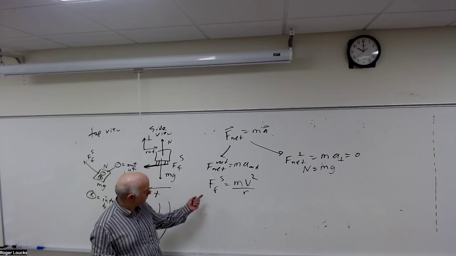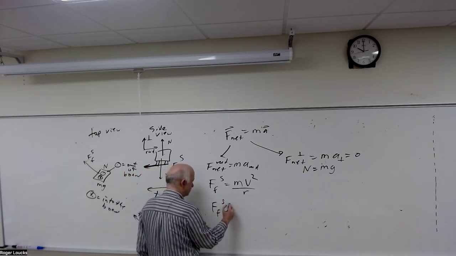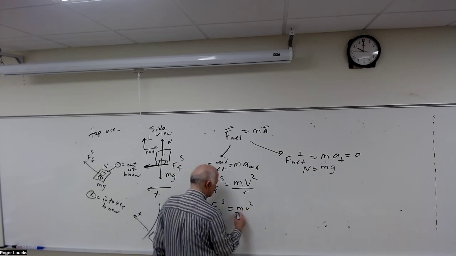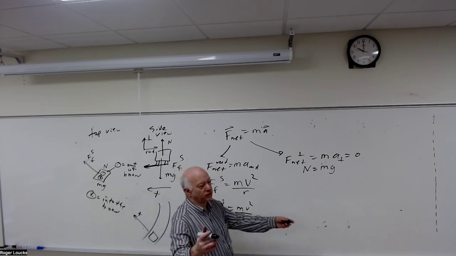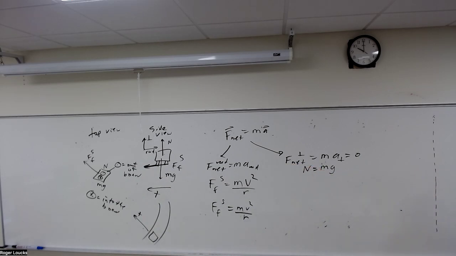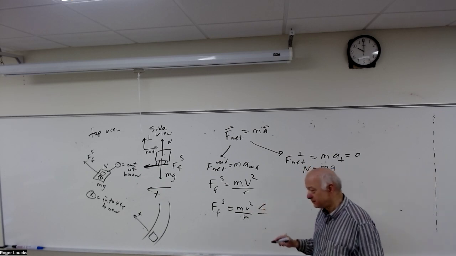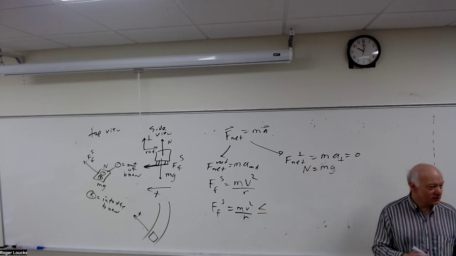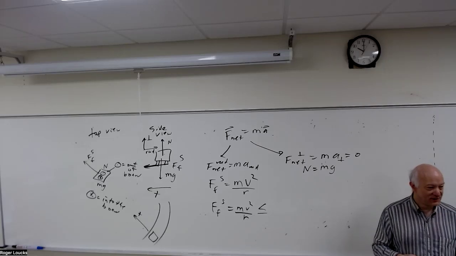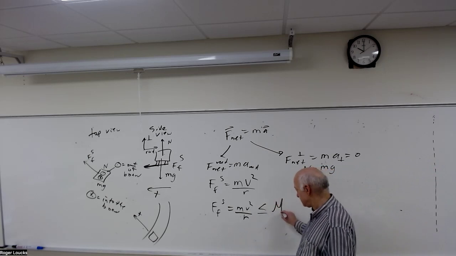Okay, so let's go through and do this. So I have my static frictional force, which has to equal this. Do we know anything special about static frictional forces? Yes. What do we know? They are less than or equal to mu sub s N. What is mu sub s?